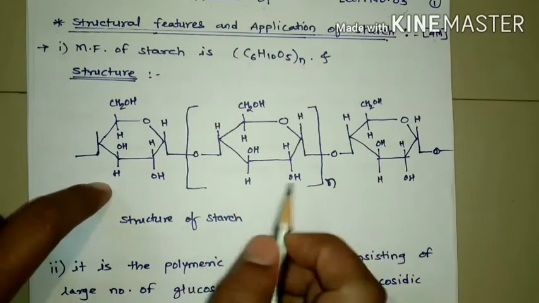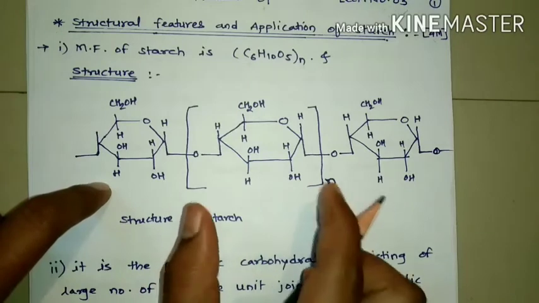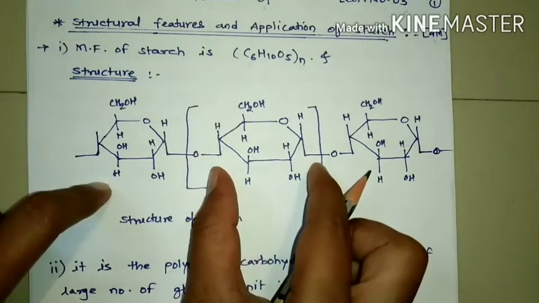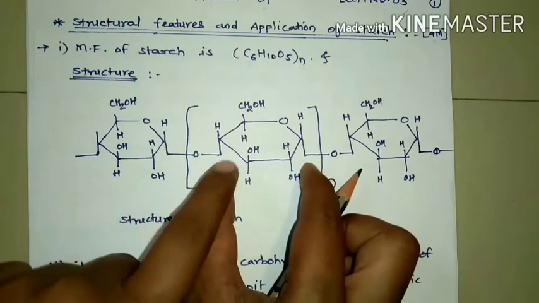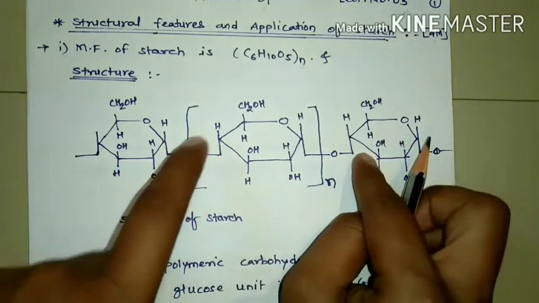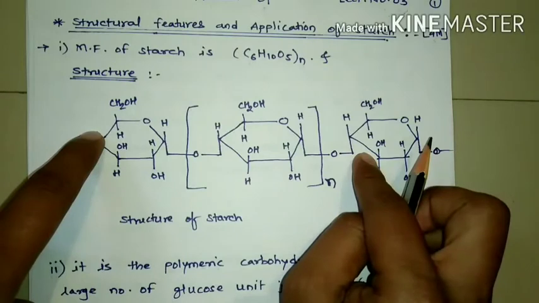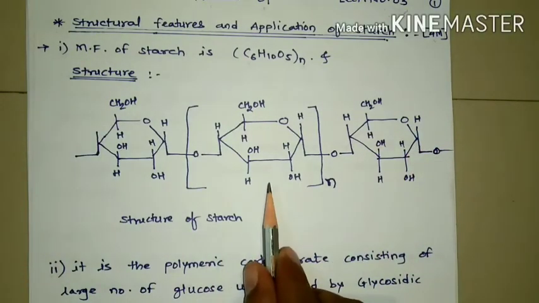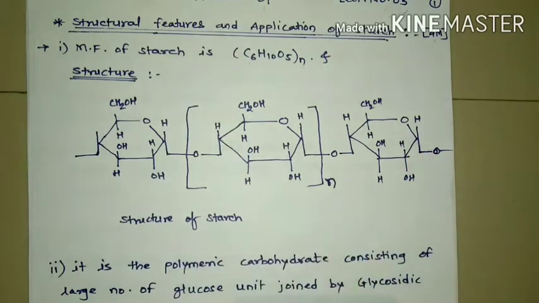A number of monomers attached to each other. That means this middle structure is the monomer, and this monomer is attached to another two monomeric units. That means a number of monomers are attached to each other, so it is called a polymer.